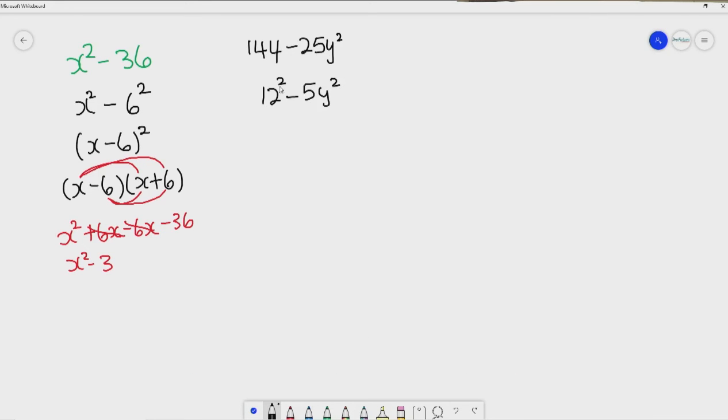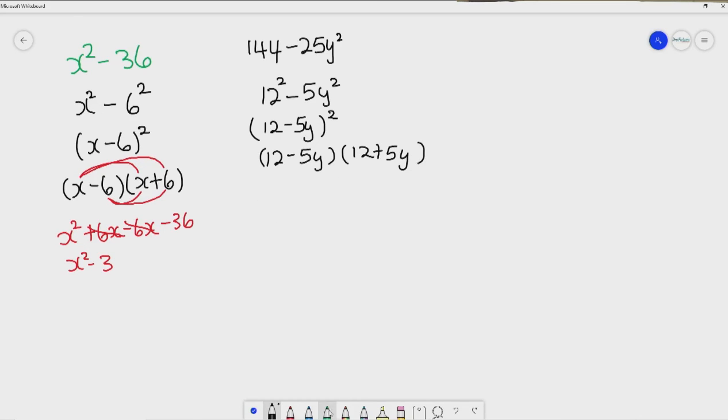So we have 12 squared minus 5y squared. So we can write this as 12 minus 5y all squared, and then we expand it. So this would be 12 minus 5y in the first bracket and 12 plus 5y in the second bracket.